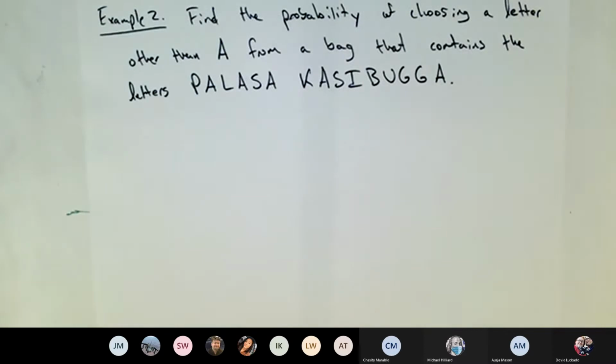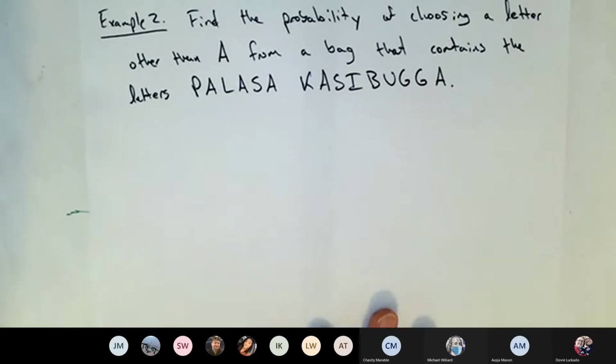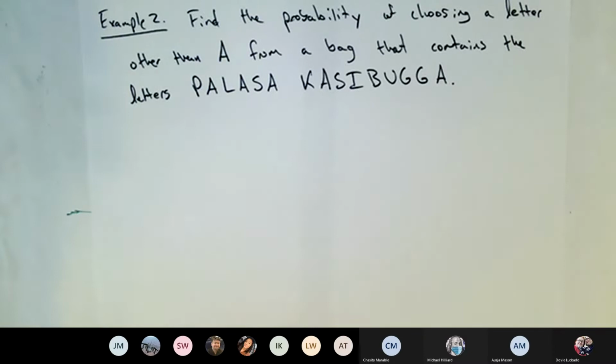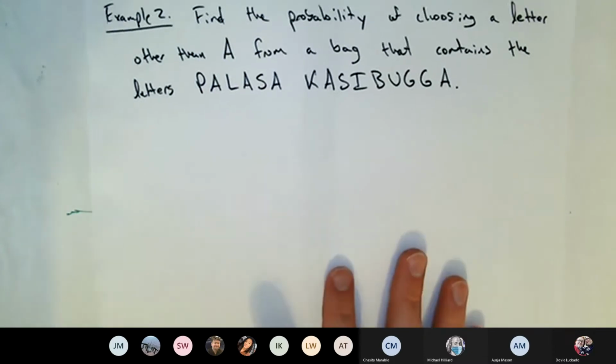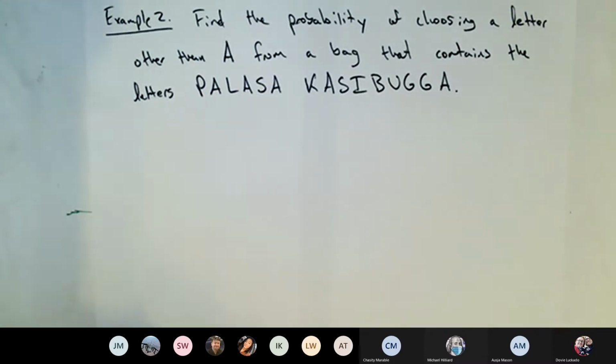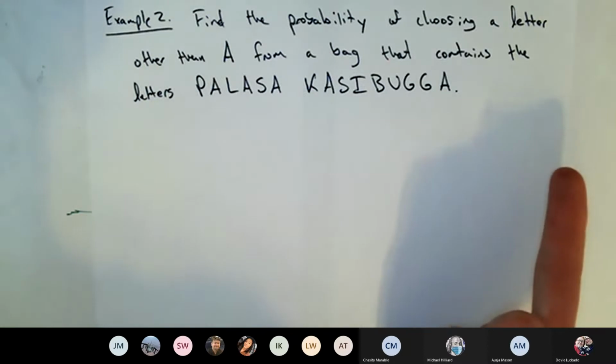The reason I wanted to work this one is because we've been dealing with these crazy counting methods for a few days, and I wanted to remind you that it doesn't always have to be that complicated. Your first step should be to think, if I'm finding probability, how many ways are there to choose a letter, and that's going to be the number of letters.